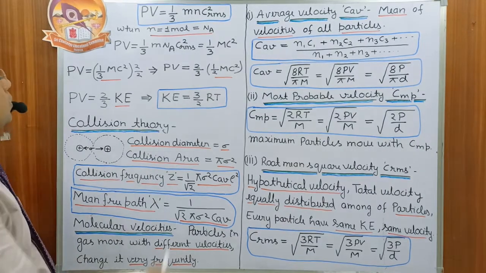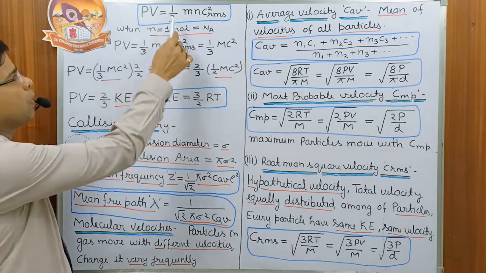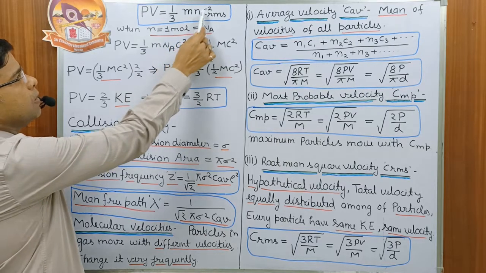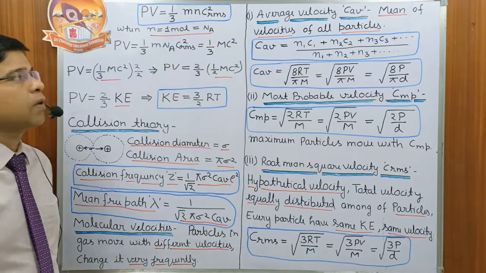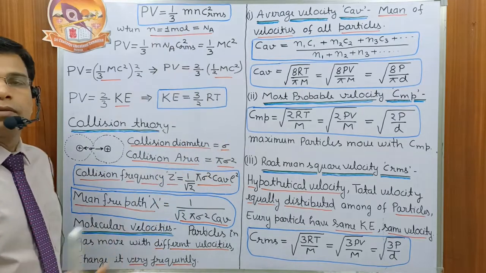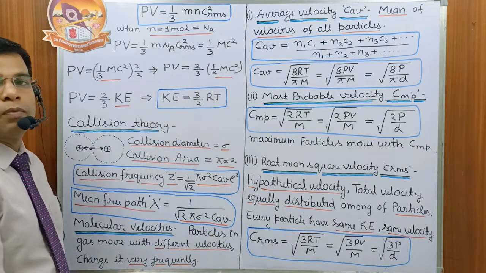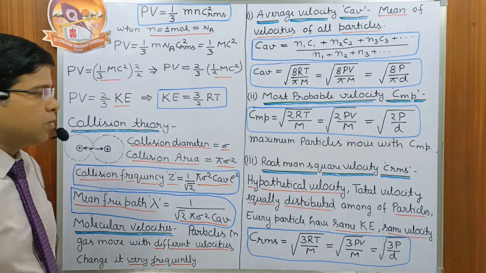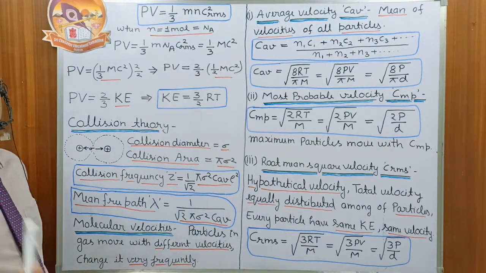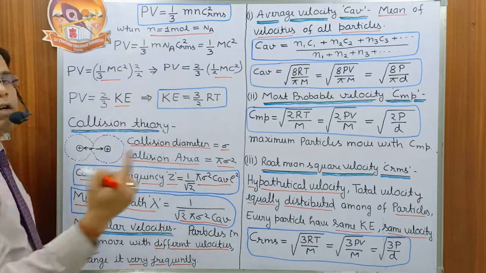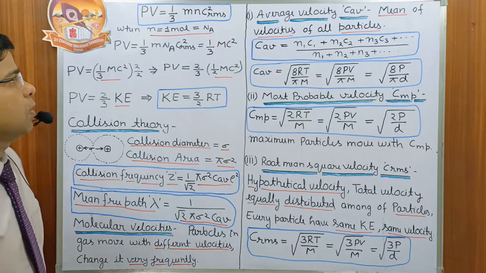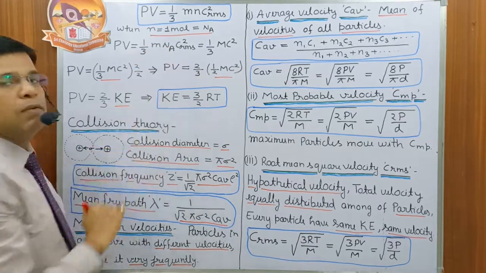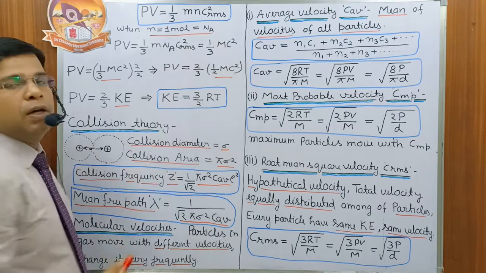The gas equation is PV = 1/3 m n c_rms², where m is the mass of one molecule, n is the number of molecules, and c_rms is the root mean square velocity. Suppose we have 1 mole of particles, then the number of particles becomes 1 mole, which is equal to the Avogadro number.